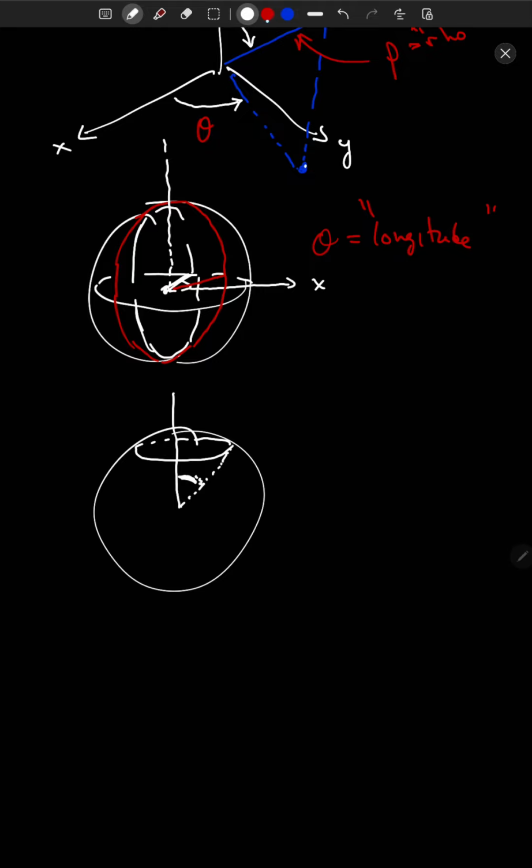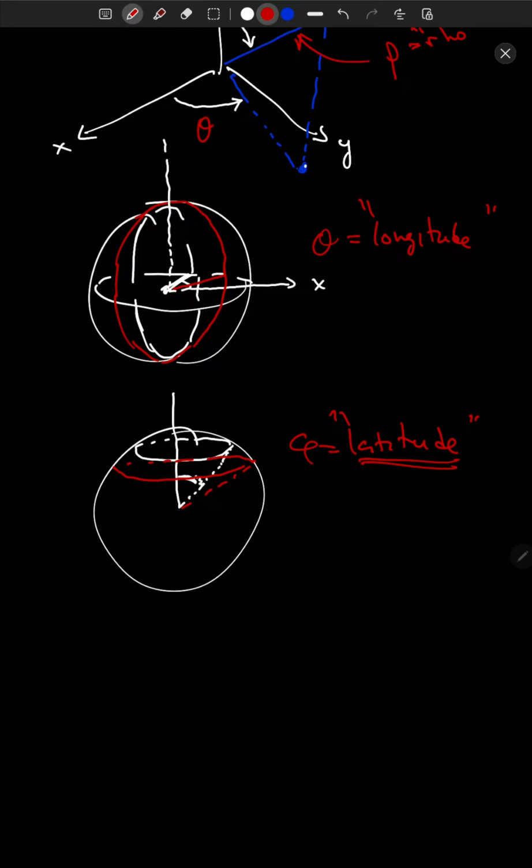A different one would cut a different circle at a different height. And so that's actually latitude. At least latitude in spirit, right?